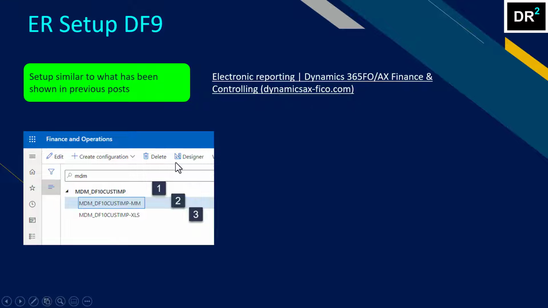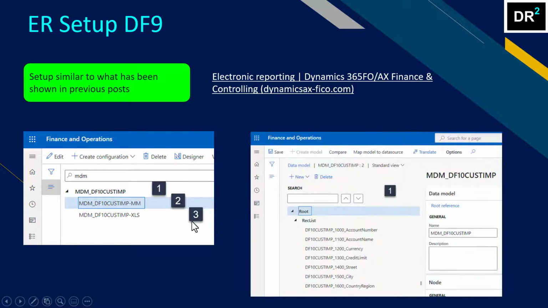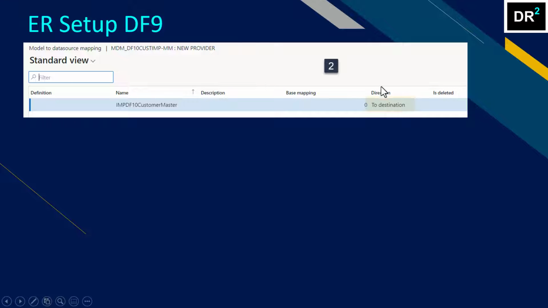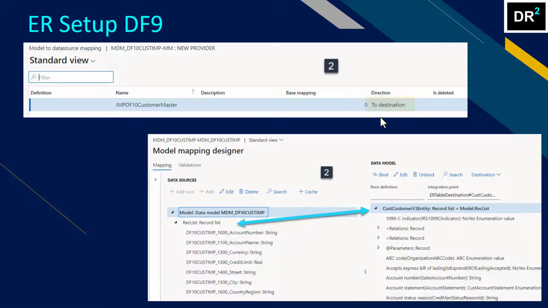The setup is simple, so you have 3 elements: model, model mapping, and this Excel file. That's the first part, that's the model. Then I have here the model mapping to destination. That's something you should not overlook. And then you map the fields, in my case, to the customer V3 entity.